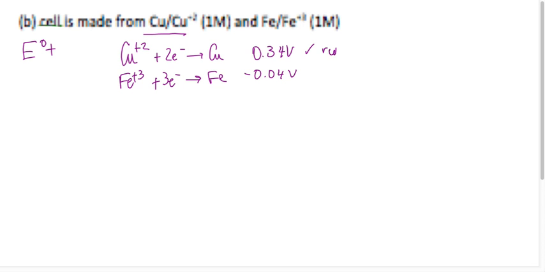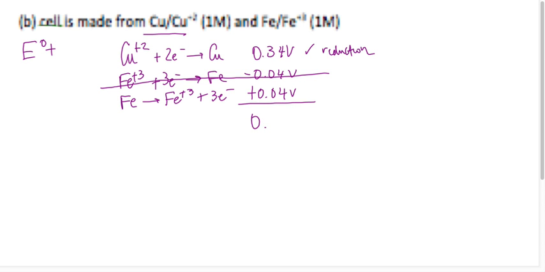So we're going to leave this one reduction, and we're going to flip this whole guy and make it oxidation. What also do we do when we flip it? Change the sign. So we get a 0.38 volt, and that's our E naught for this reaction.